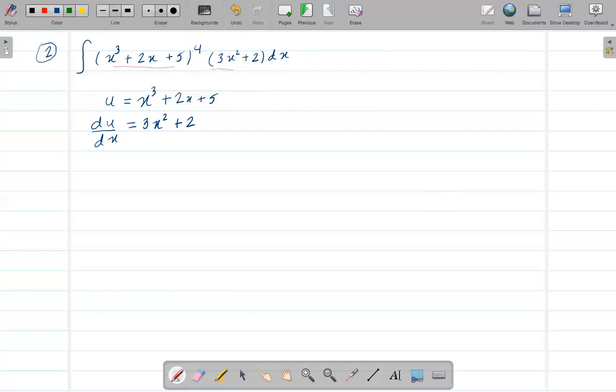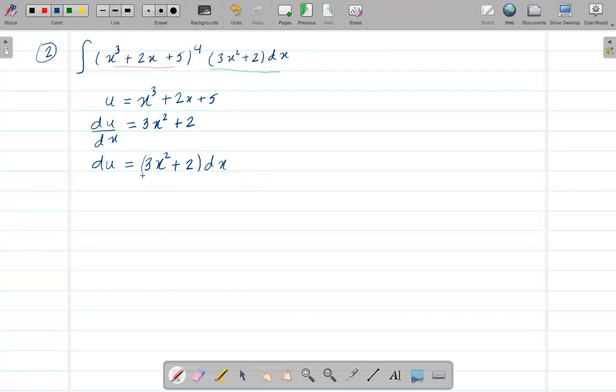If I just multiply both sides by dx, I get du equals 3x squared plus 2 times dx, right?